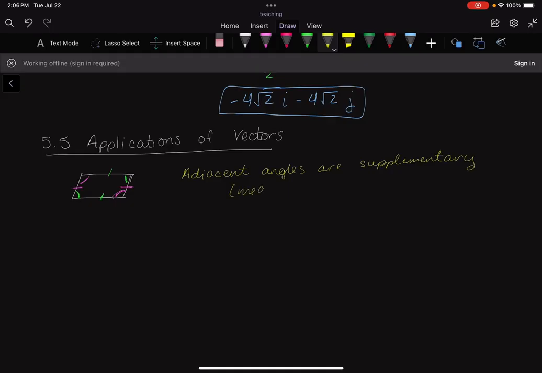This means that they add up to 180. So these angles right here are supplementary angles. If you add them together, they should add up to 180. That's going to be something that we'll use sometimes.